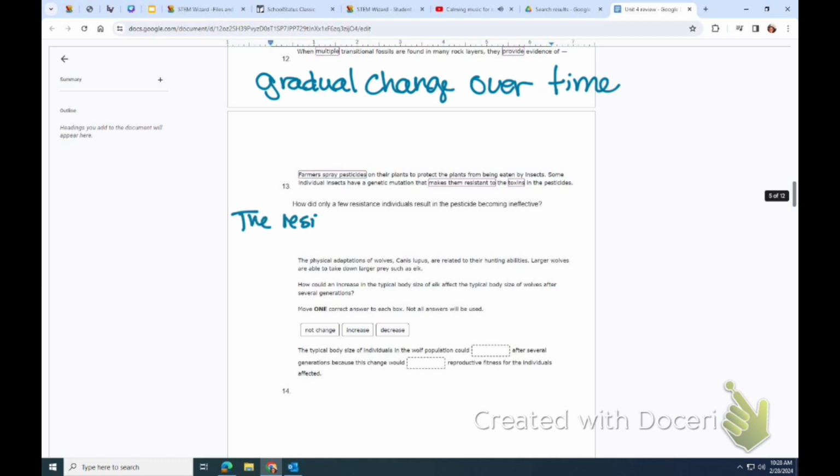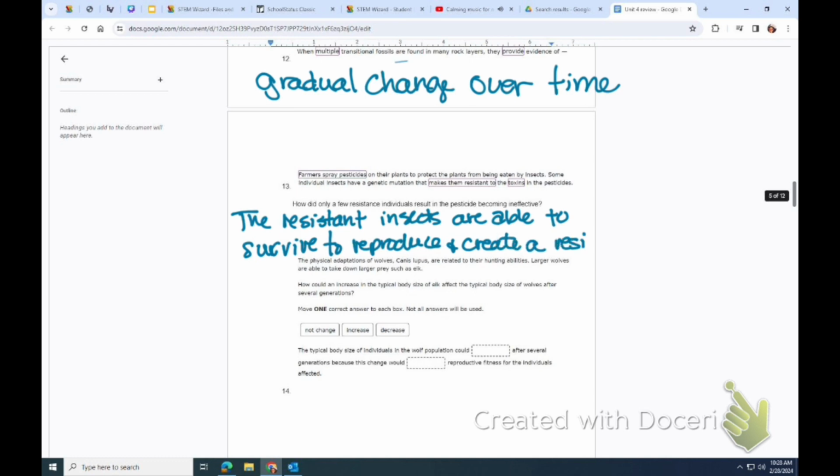The resistant insects are able to survive to reproduce and then create a resistant population. So basically, they pass that resistant gene to their offspring.